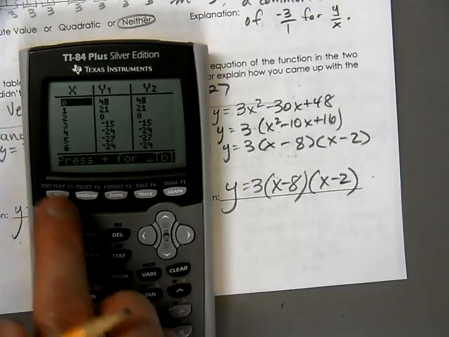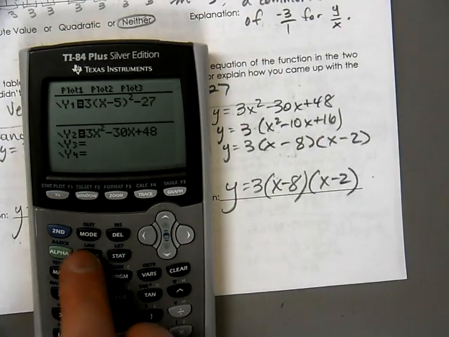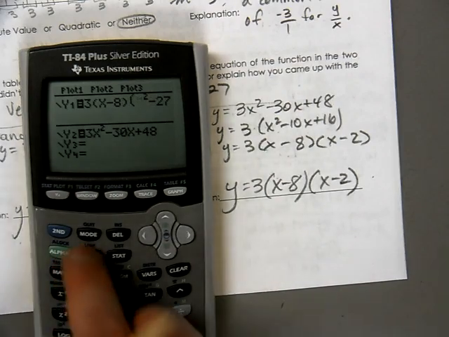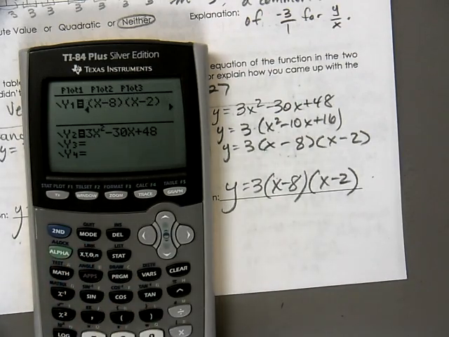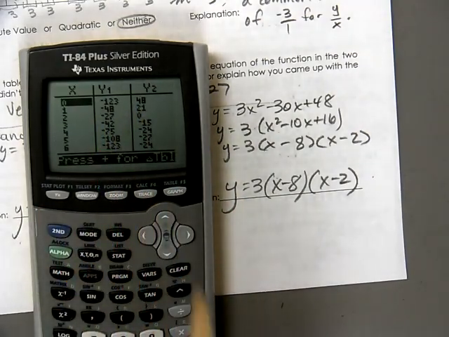And we can test that theory also. We can come up to 3 times x minus 8, x minus 2, and when we check the table, they should be exactly the same.